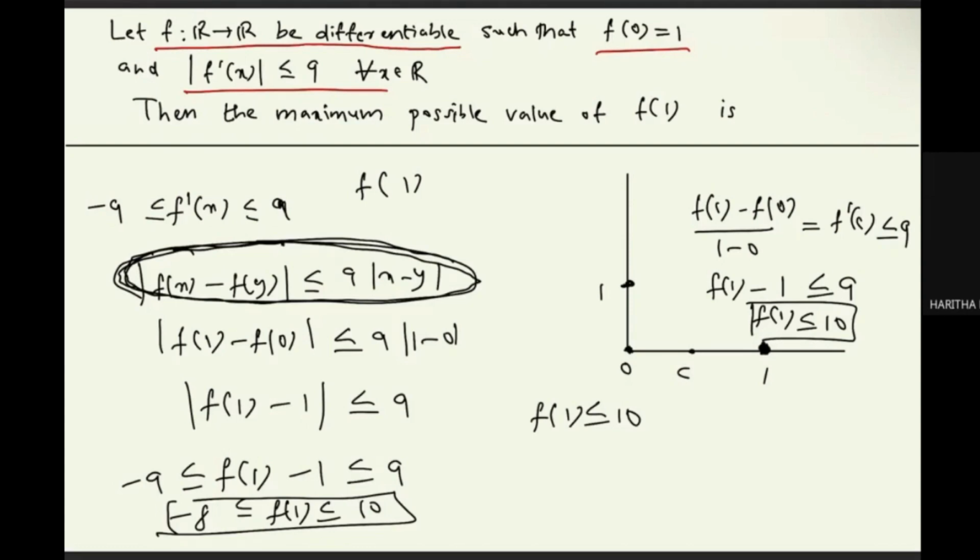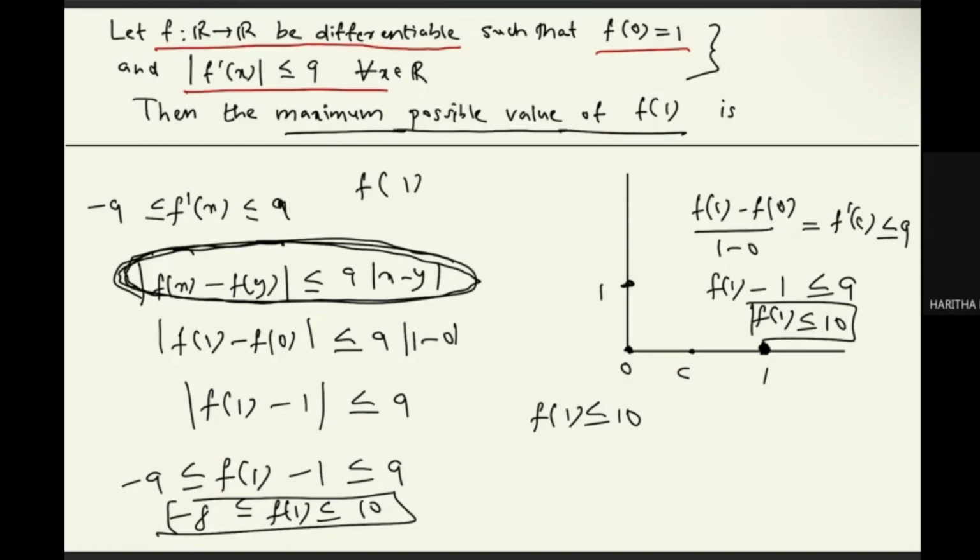Yes, but have we proved that there is a function having this property? What we want is the maximum possible value of f of 1. That means there should be a function having all these properties in which f of 1 is 10. Then only you can say 10 is achieved, right?